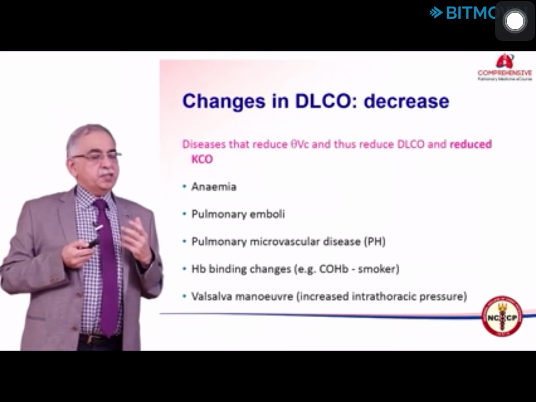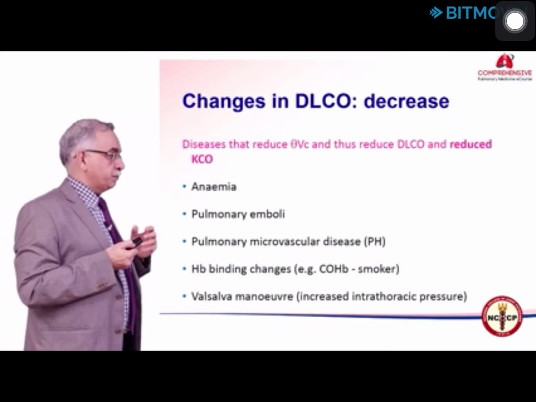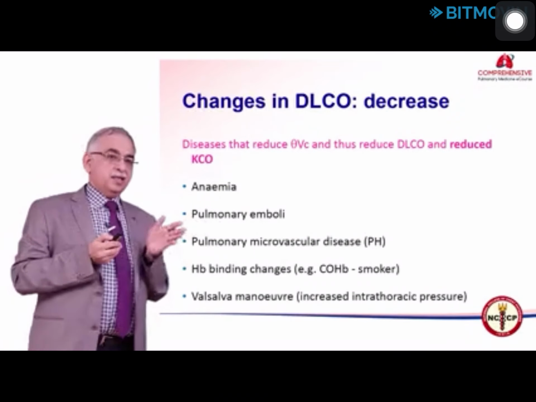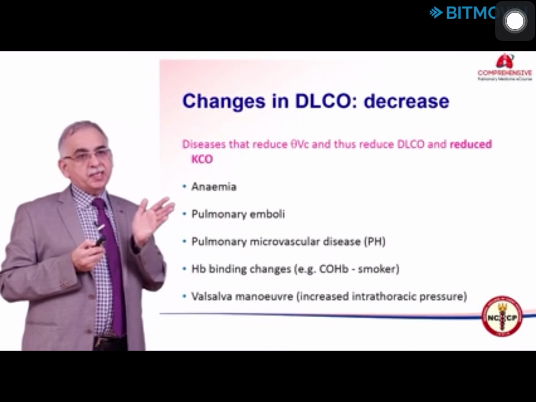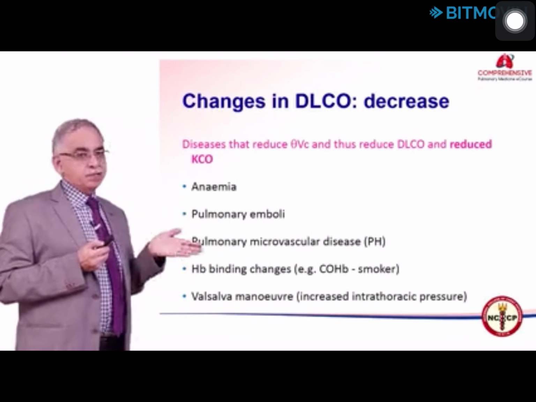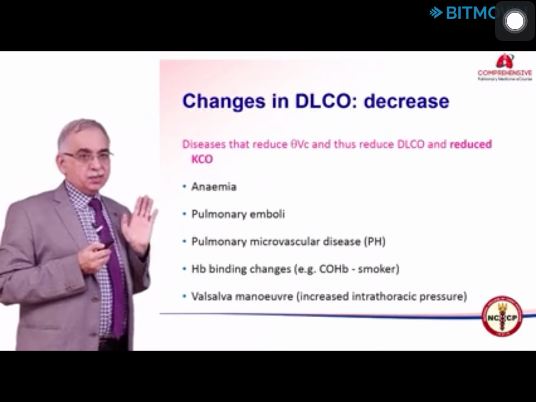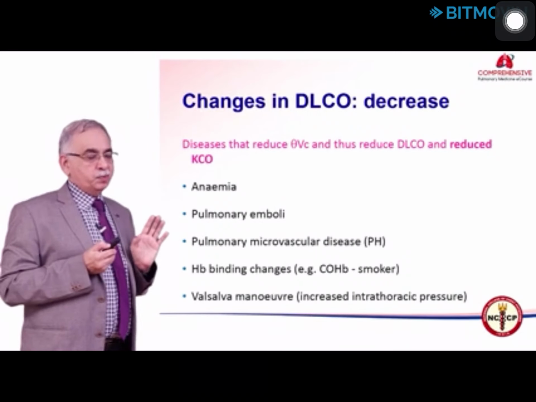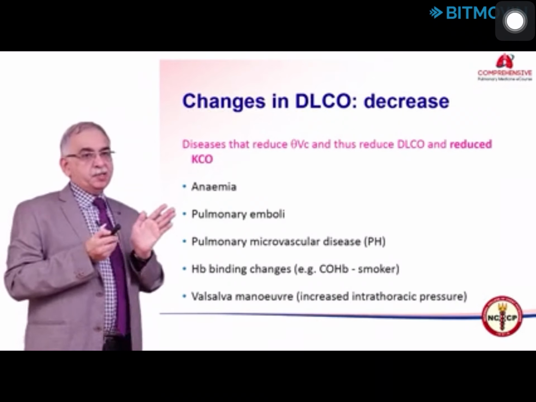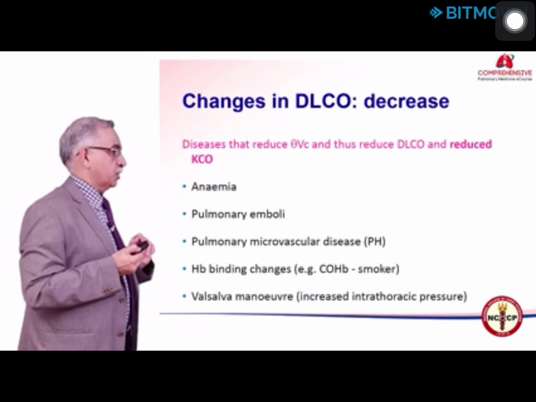Then there are other conditions which decrease diffusion capacity. Recalling that the blood in the capillary volumes also determines diffusion capacity, and the rate of combination of oxygen and hemoglobin is important, changes in the pulmonary vasculature will also affect diffusion capacity.